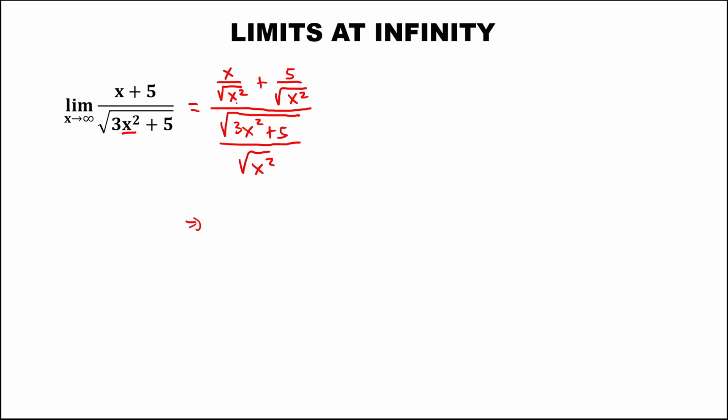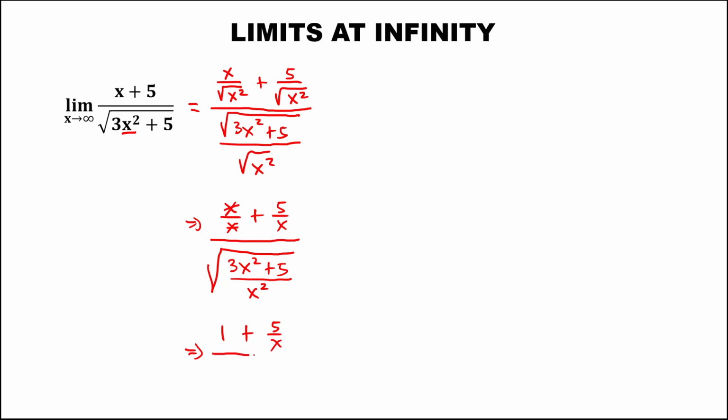Then since the square root of x squared is equal to x, this is x over x, plus 5 over x, all over. We can rewrite this as one radical: 3x squared plus 5 over x squared. Then to simplify, x squared divided by x squared is 1, then plus 5 over x, then over.